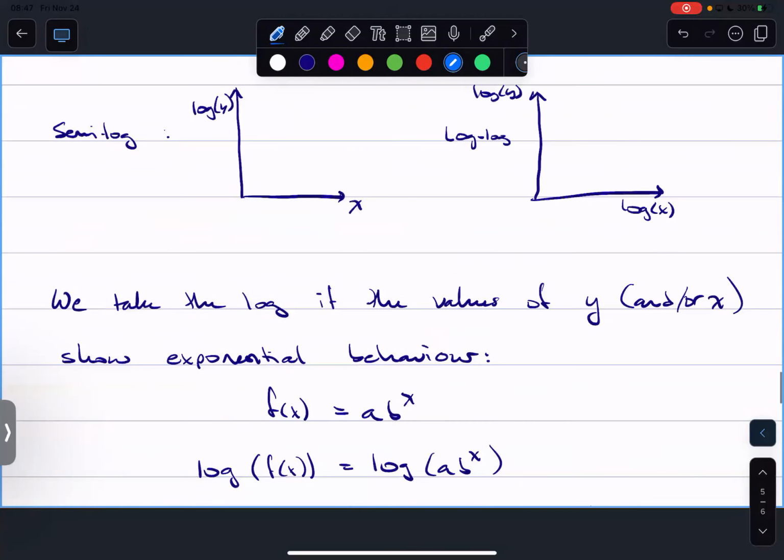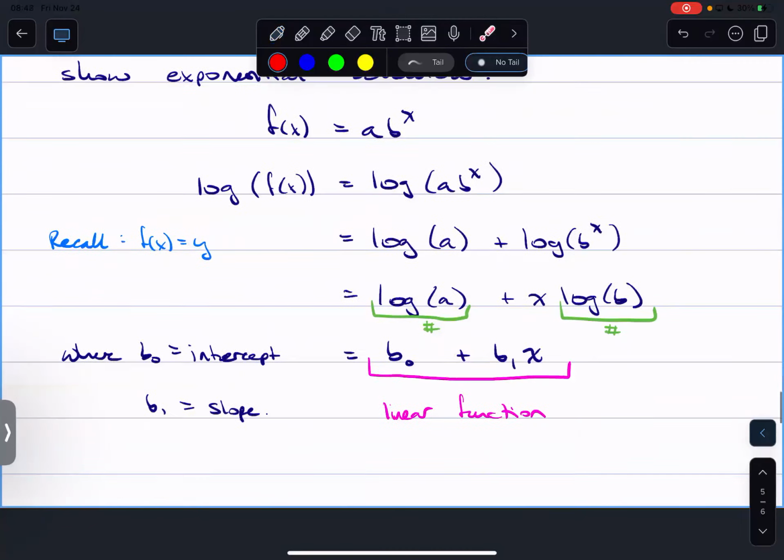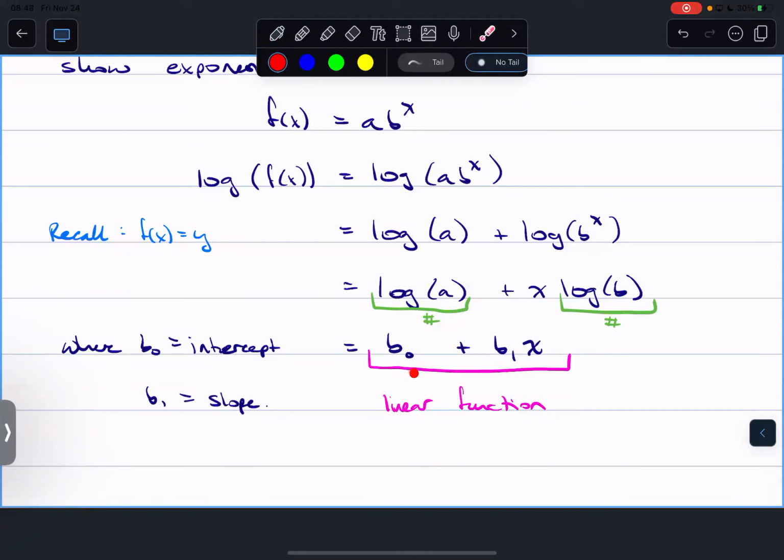That's what I have up here, the log of y. And so now I've transformed these, and they're going to be a linear function, which I can fit a straight line to, and we could use linear regression if we wanted to. I don't have time today to do that.